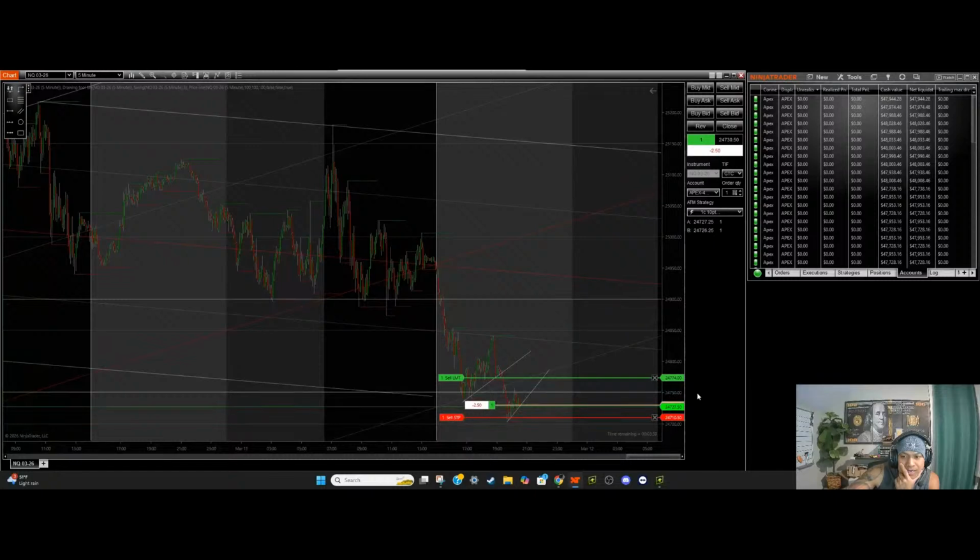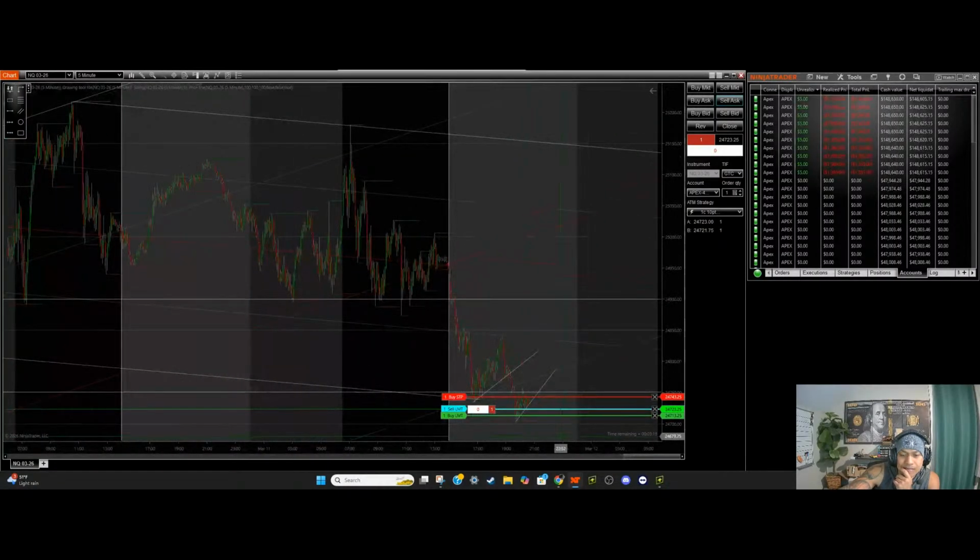Or is it going to wick down to 700? Oh, I think it will. All right, let's get out. Let's join the downside. We're just scalping now.